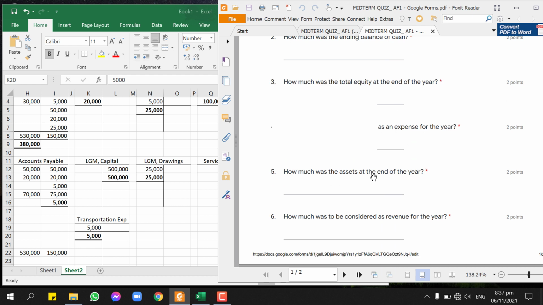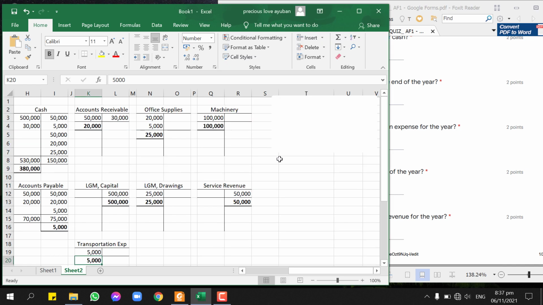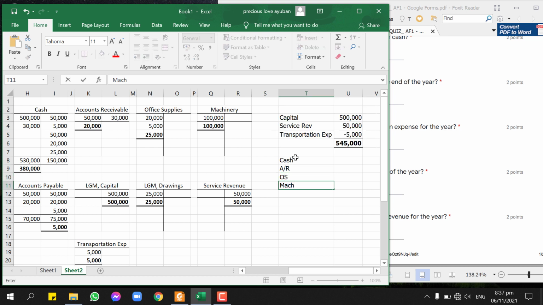Next, how much was the assets at the end of the year? So, yung assets natin, again, we have cash, we have accounts receivable, we have office supplies, we have machinery, and yon. So, yung mga amounts, kopyahin na natin.